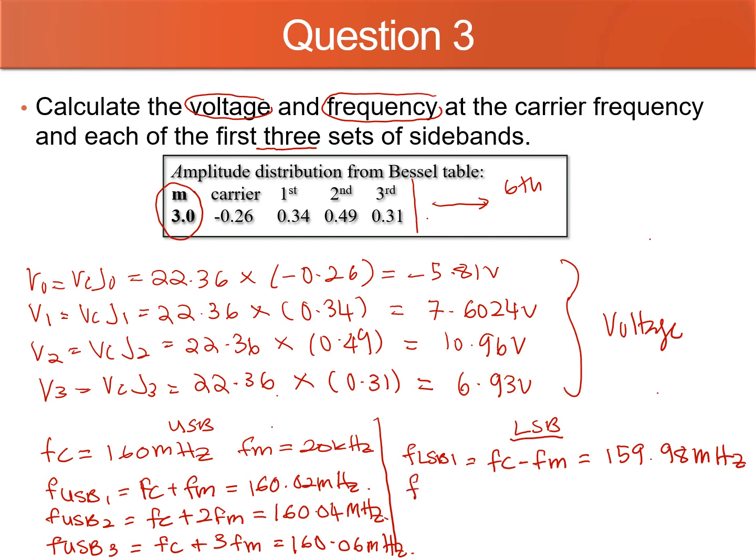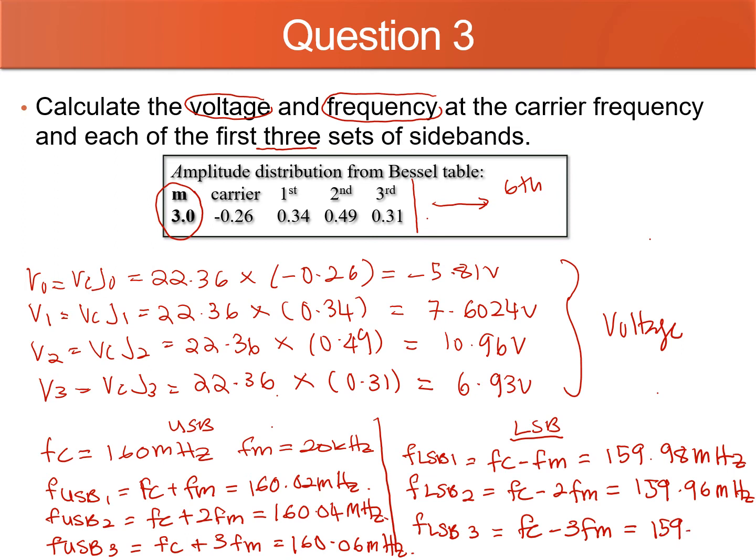For fLSB2, fc minus 2fm is equal to 159.96 megahertz. Last lower sideband, fc minus 3fm is equal to 159.94 megahertz.